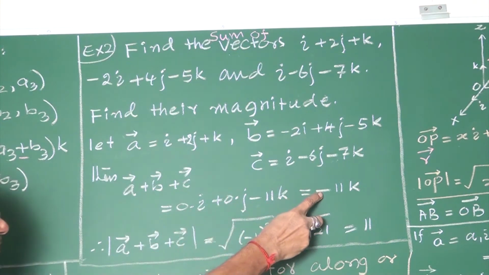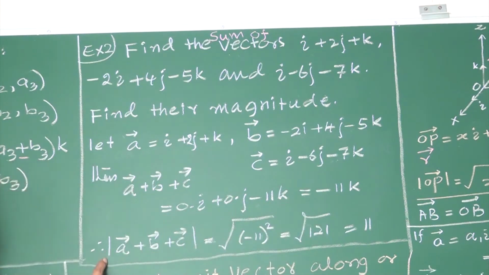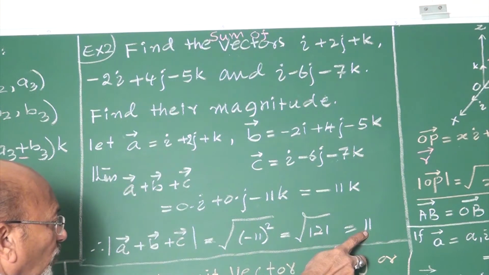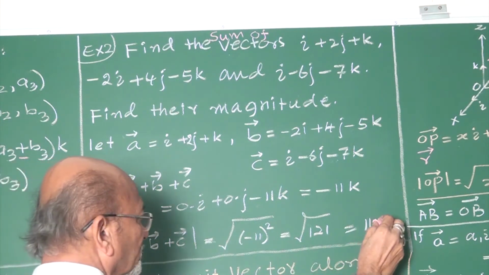If you simplify, you get minus 11k. You wanted its magnitude also. Magnitude of this is square root of minus 11 the whole squared, 121. Square root of 121 is 11, my friends.